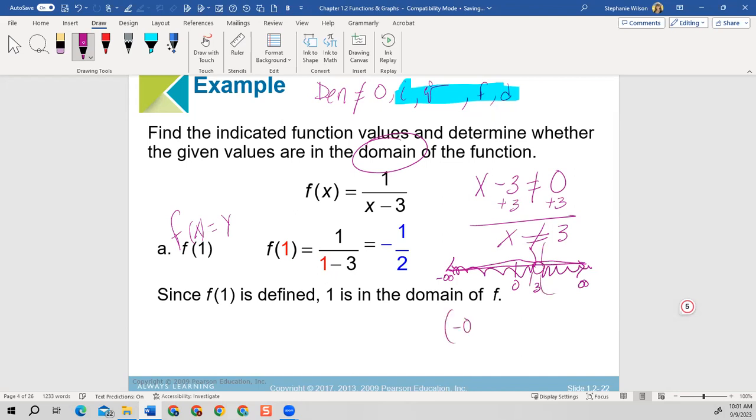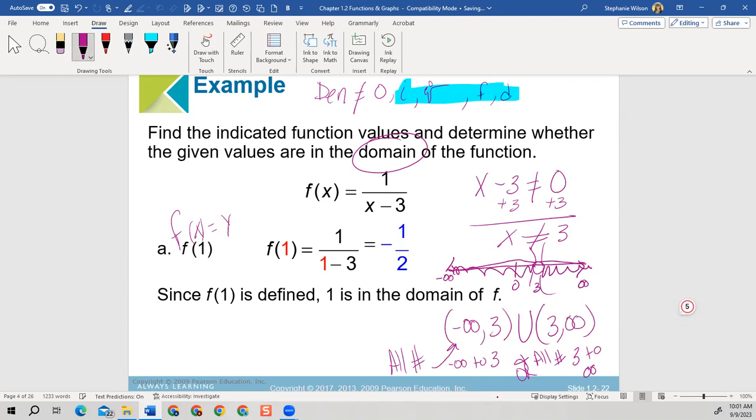So that means I'm going to have this look. This means negative infinity to 3, parenthesis, union, 3 to positive infinity. This tells me all numbers from negative infinity to 3, or, it is or, all numbers from 3 to infinity can be used.